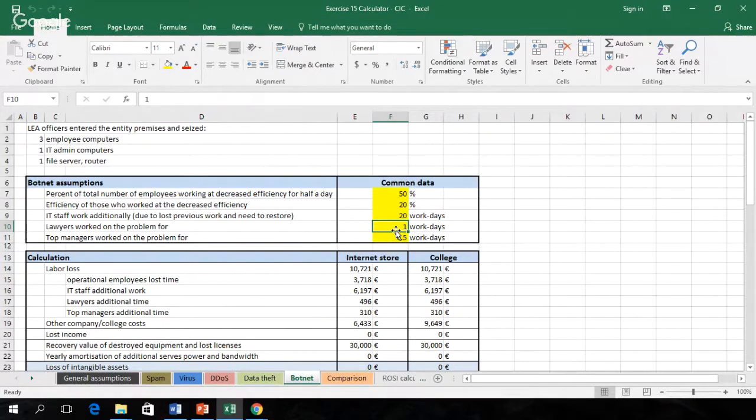And cell F11 respectively shows that the entity had to immediately buy replacement equipment for 30,000 euros and wait for delivery, as the seized equipment would stay with procurement officers for a number of months afterwards.